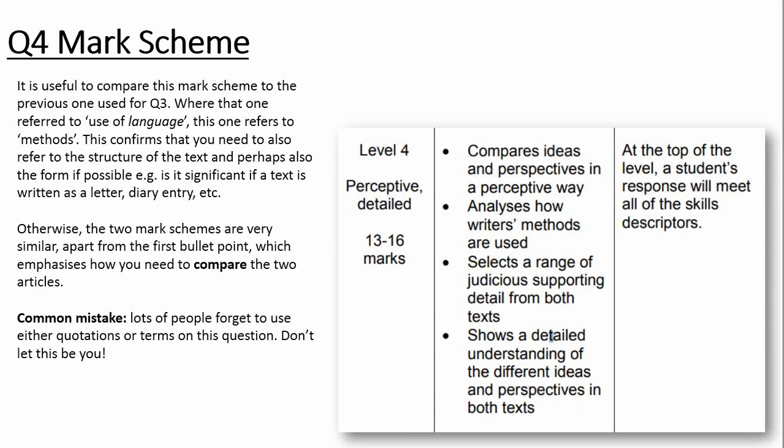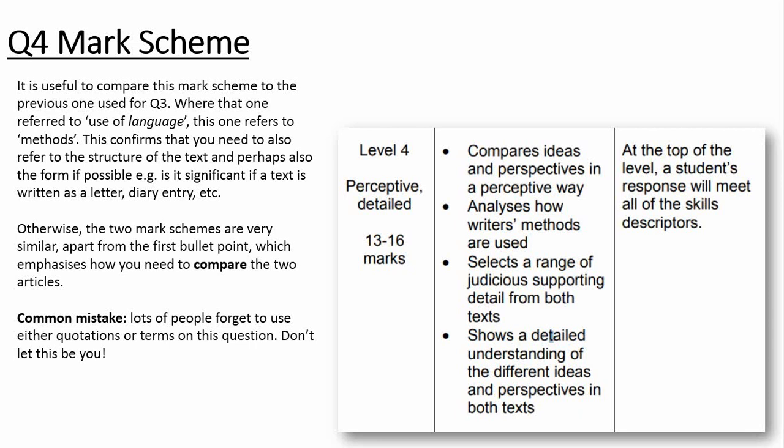This confirms what I've already said, that you need to also refer to the structure of the text and perhaps also the form, if possible, e.g. is it significant if the text is written as a letter, diary entry, etc. Otherwise, the two mark schemes are very similar, apart from the first bullet point, which emphasises how you need to compare the two articles. So there has to be some reference to them.